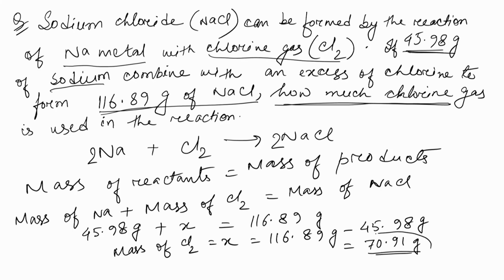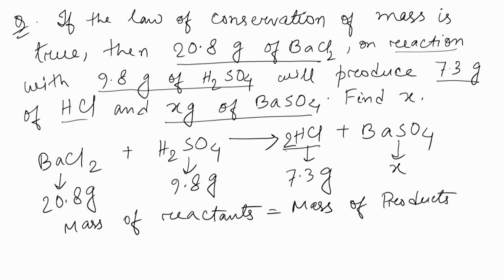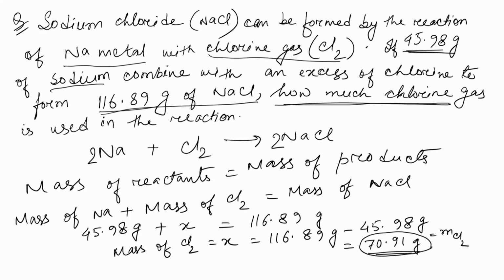So this is the mass of chlorine in this reaction. Okay. So we had already solved this numerical in the last lecture, and today we have solved this one. Now we will discuss the limitation of the law of conservation of mass.